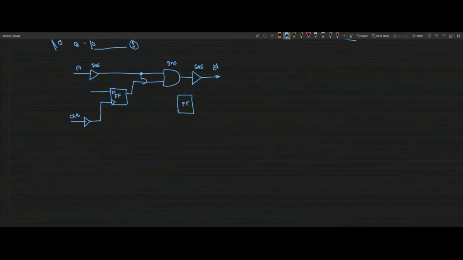This output and this output, we AND it, and this is passed through a flip flop.